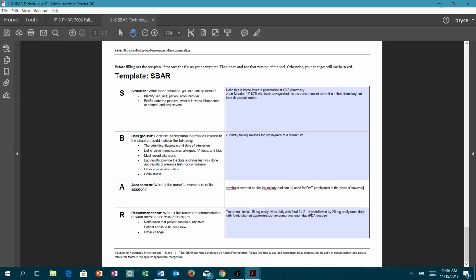But if this is your first time talking to that physician, you're going to want to say something like "consider," because you're somebody they don't know if they can trust. And yes, you're a good pharmacist for sure, but they don't know that yet. So you just have to get that rapport established before you make a really solid recommendation to them. And next time they call you, you can say, I recommend. But the first time you call somebody, just make it easy for them to do it.